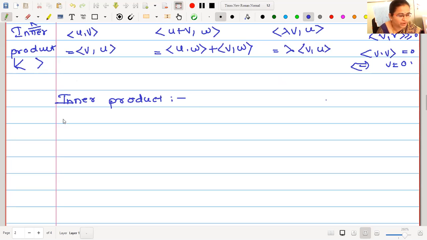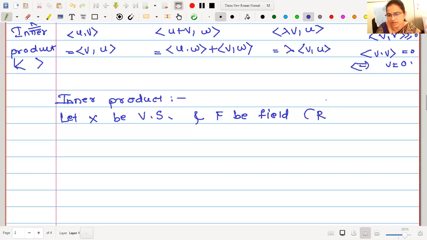The inner product is defined as follows. Let X be a vector space and F be a field. The field may be the real numbers or the field of complex numbers.